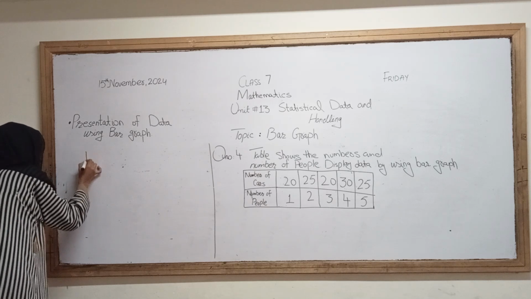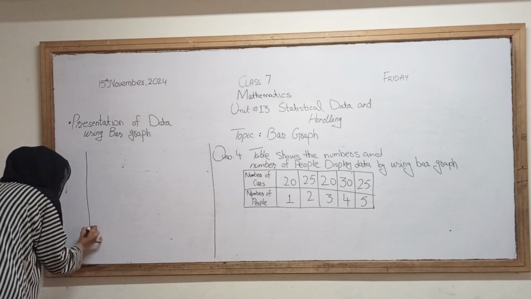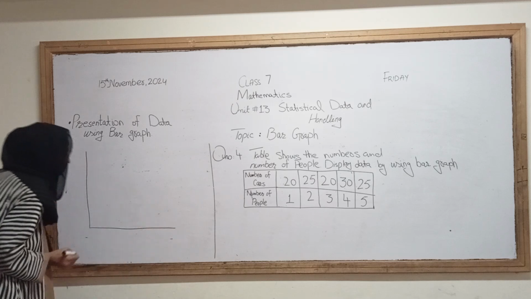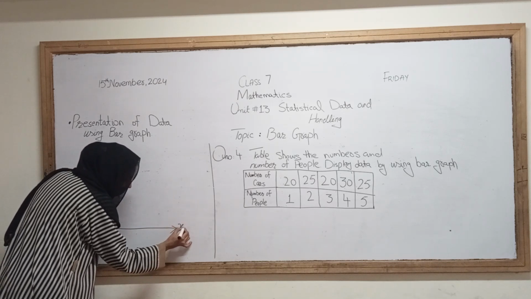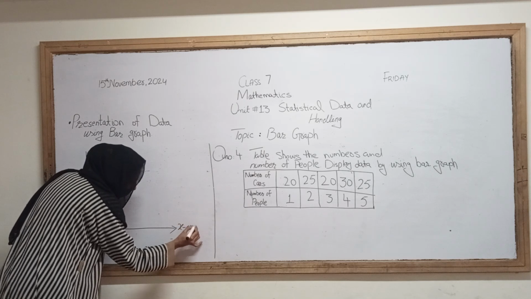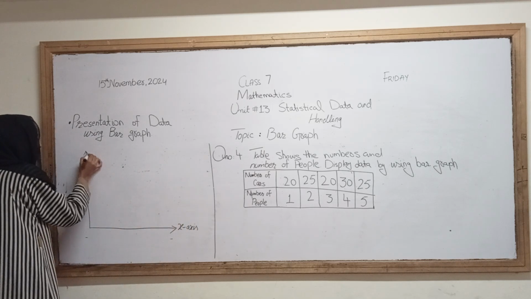So we have two lines. One is vertical and the other is horizontal. The horizontal line is known as the x-axis and the vertical line is known as the y-axis.